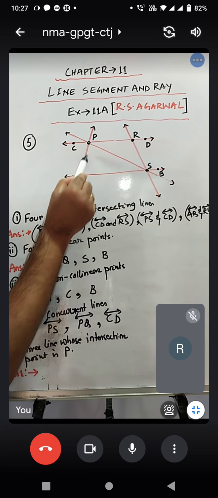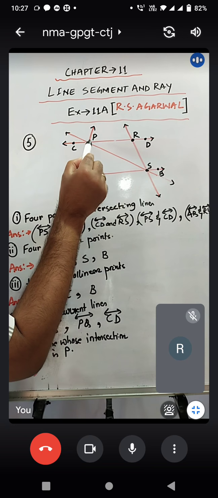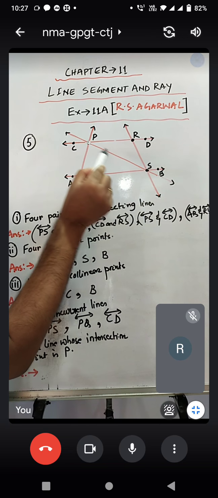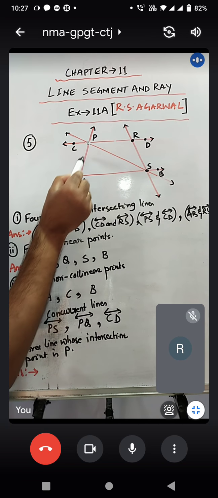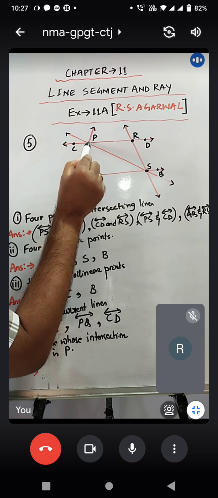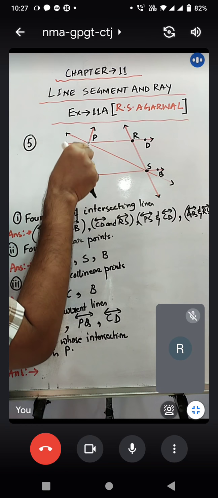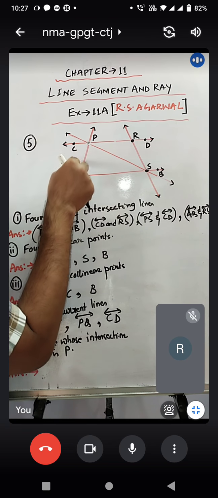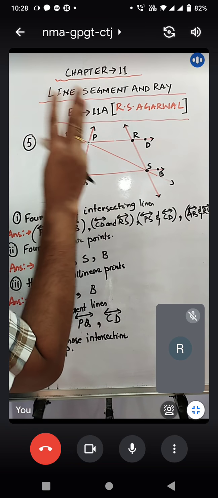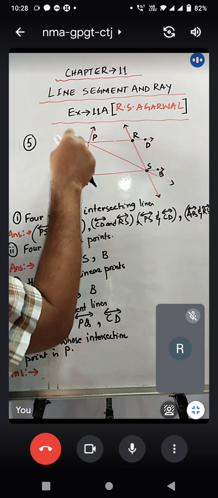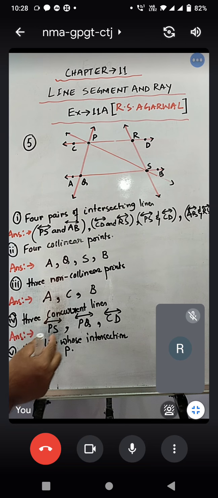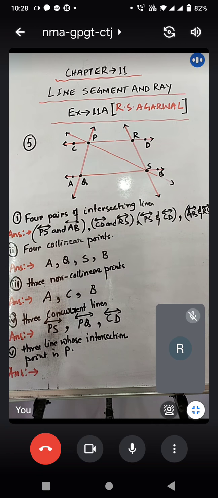PS, PQ and CD intersect at point P. PS passes through P, PQ also has point P, and CD also has the common point P. Concurrent lines are lines, at least 3 of them, which intersect at one common point. So these are the lines PS, PQ and CD.